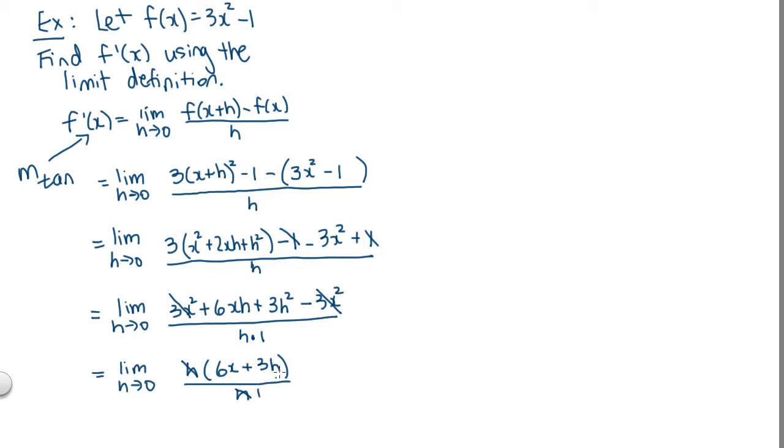Now this is the very first step where it actually makes sense to plug in h equals 0. For our next step here, we do not need to write down the limit sign now. We're actually going to plug in. We're going to evaluate this at h equals 0. And what we're going to have is 6x plus 3 times 0. So final answer, just 6x.